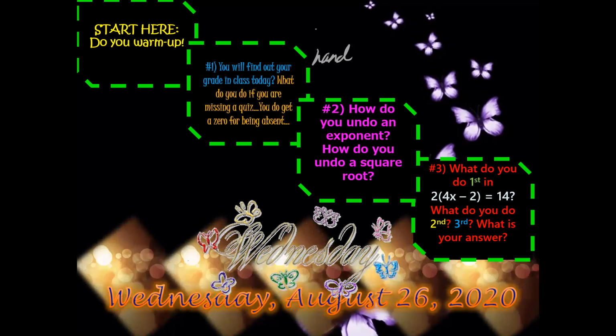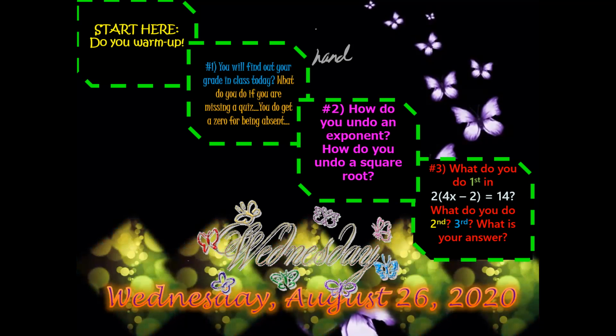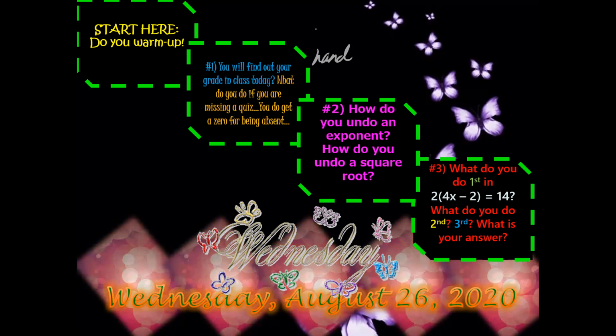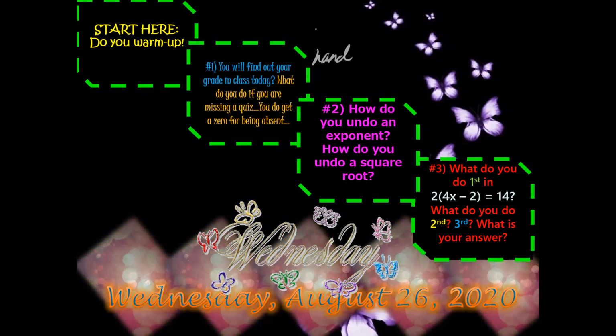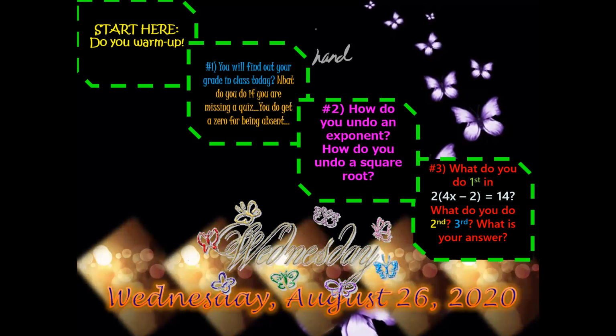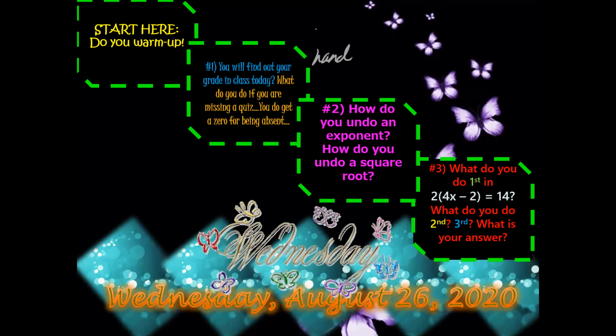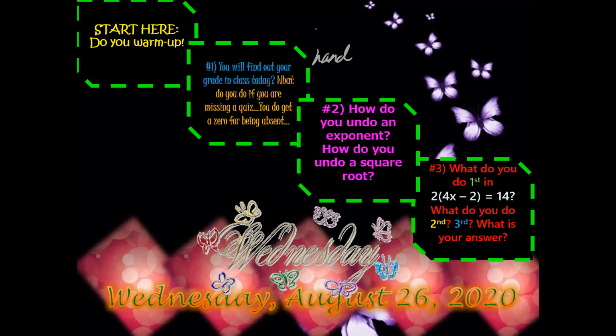I usually print it out on a hard copy and pass it around so you can check it. I also update my grades on Infinite Campus once a week, to keep me on my toes, to make sure that all of your grades are updated on a weekly basis, rather than me holding onto your assignments and you not knowing what your updated grade is for 3 weeks. So what do you do if you are missing a quiz? You do get a 0 for being absent, so keep that in mind.